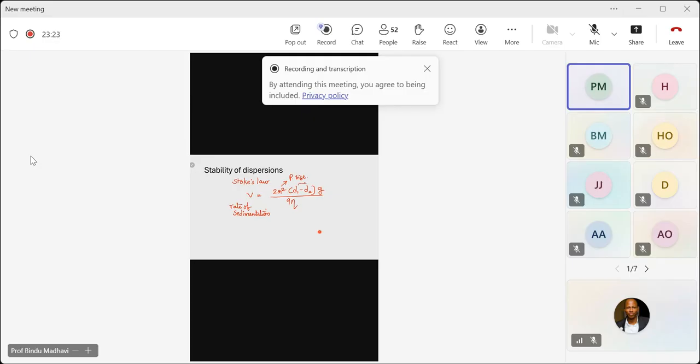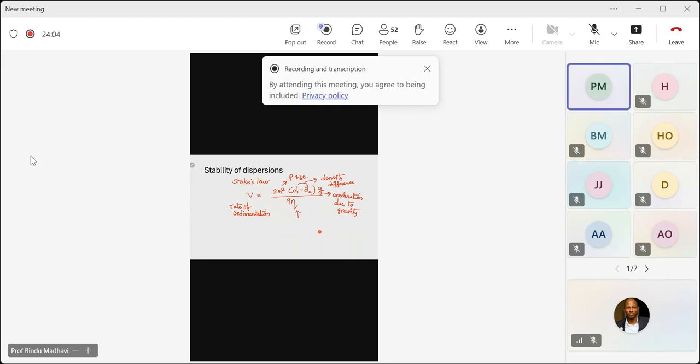d1 and d2 indicate the density difference between the dispersed phase and the dispersion medium. g is the acceleration due to gravity. And the last term that is pending in the equation is, what is this, eta?